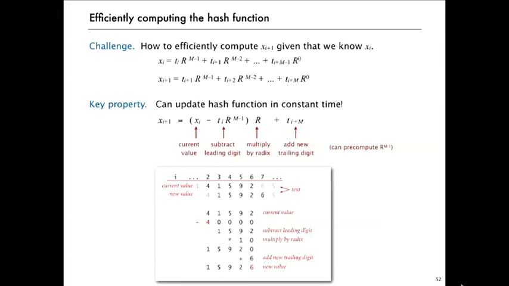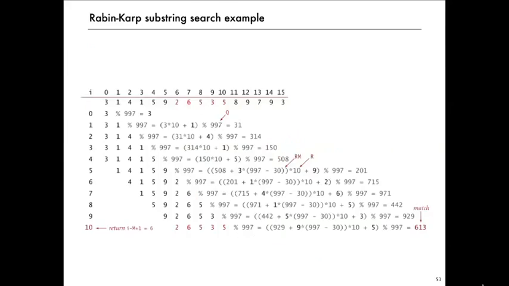And if we just keep that all mod q, then with just a multiply and an add at each step, we can keep a running total of the modular hash value of the 5-digit thing.